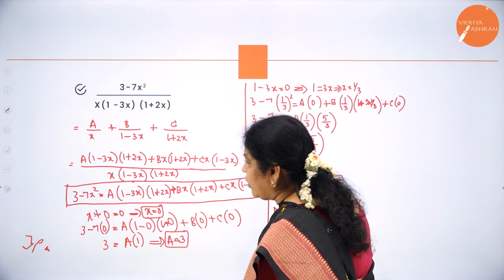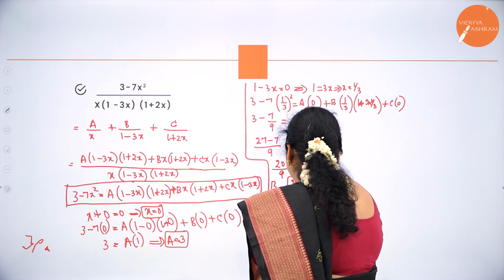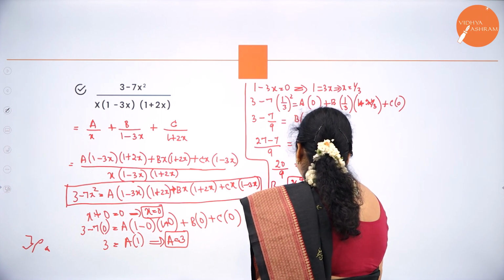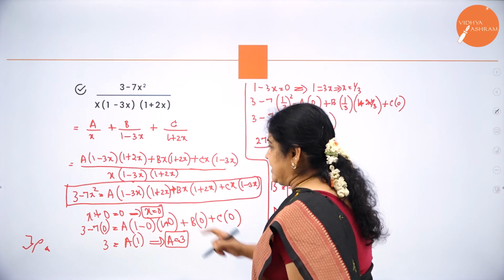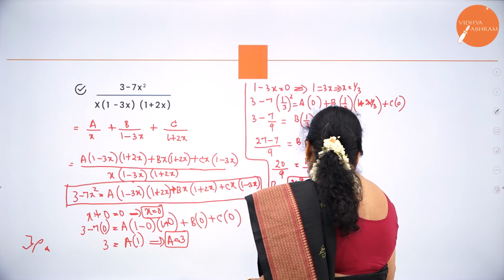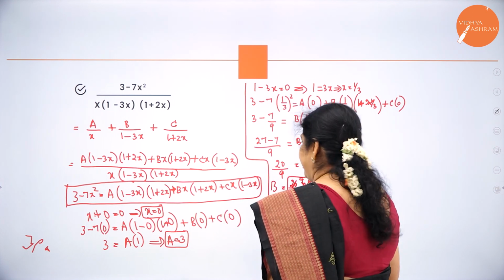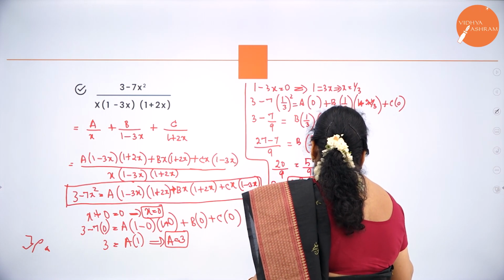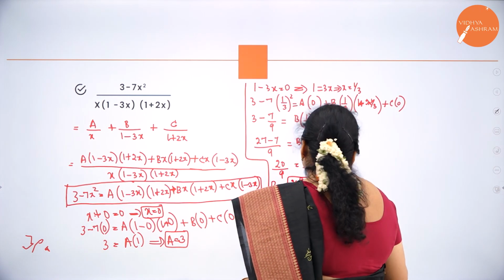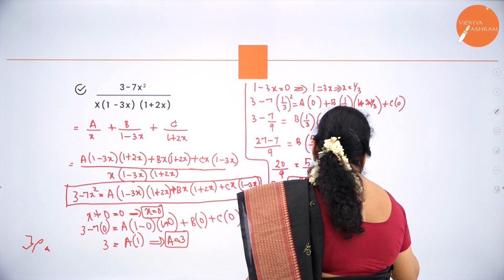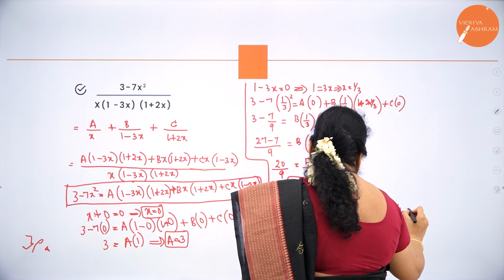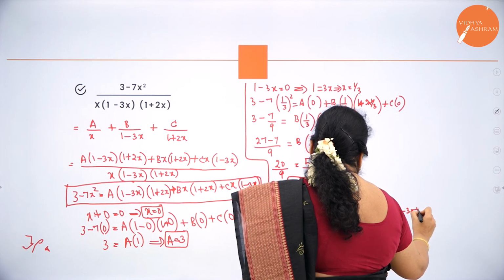So that will be what? It will be 3 minus 7 into minus half the whole square. Same way, it will become A into 0 plus B into 0 plus C into minus half into 1 minus 3 into minus half.